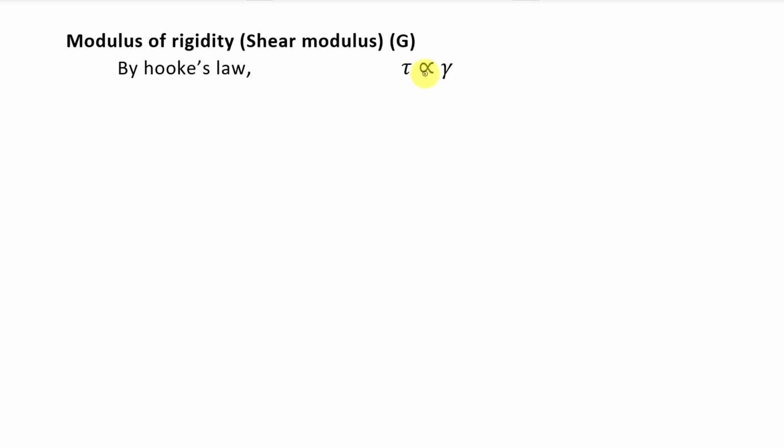If we want to convert this proportionality sign into an equal sign, then we put a proportionality constant, and here that proportionality constant is G. So it will be tau is equal to G into gamma. And here this G is called modulus of rigidity or shear modulus. If we want to find G, then we can write tau divided by gamma, right?